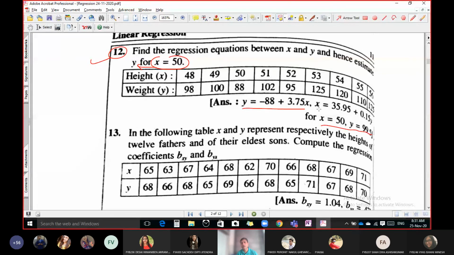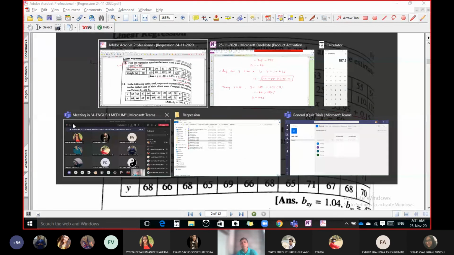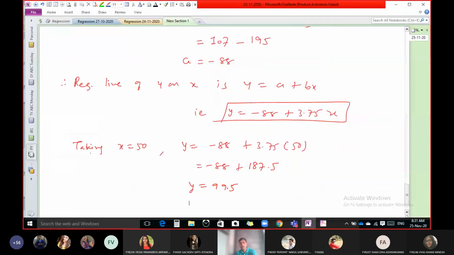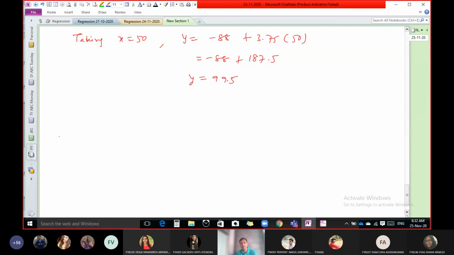Now same way you can calculate x on y. For that we require to calculate the value of b. And for that, which formula do we have to apply? Regression line of x on y.